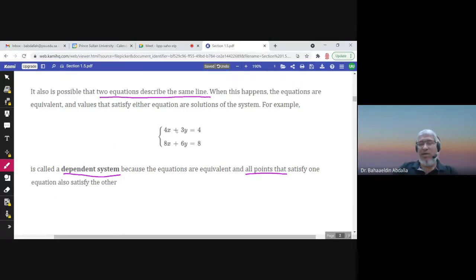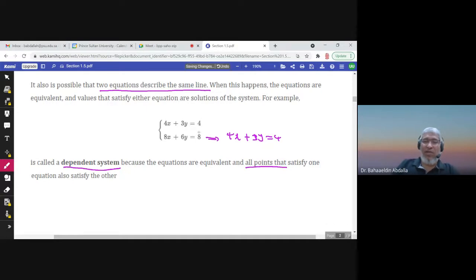So for example, here to find out that the two lines are equal, you can always try to write them in the slope intercept form, or if you look carefully, 4, 3, 4, 8, 6, 8. So actually, if you divide the second equation by 2, you will have 4x plus 3y equals 4, and this is exactly the same as the first equation.